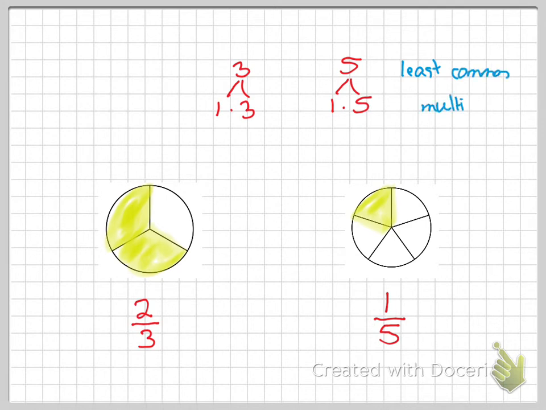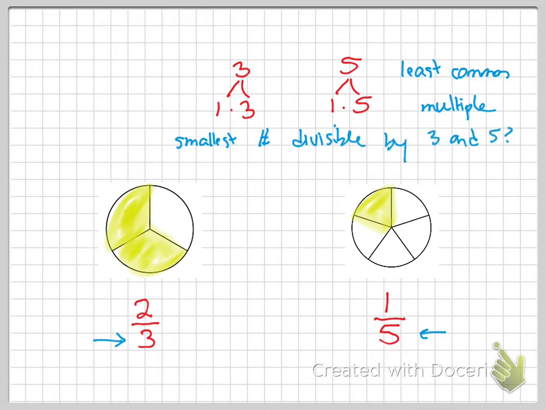Okay, you've also probably heard the least common denominator, or LCD, and that makes sense here because, right, 3 and 5 are both denominators. Okay, so what is the smallest number that is divisible by both 3 and 5?